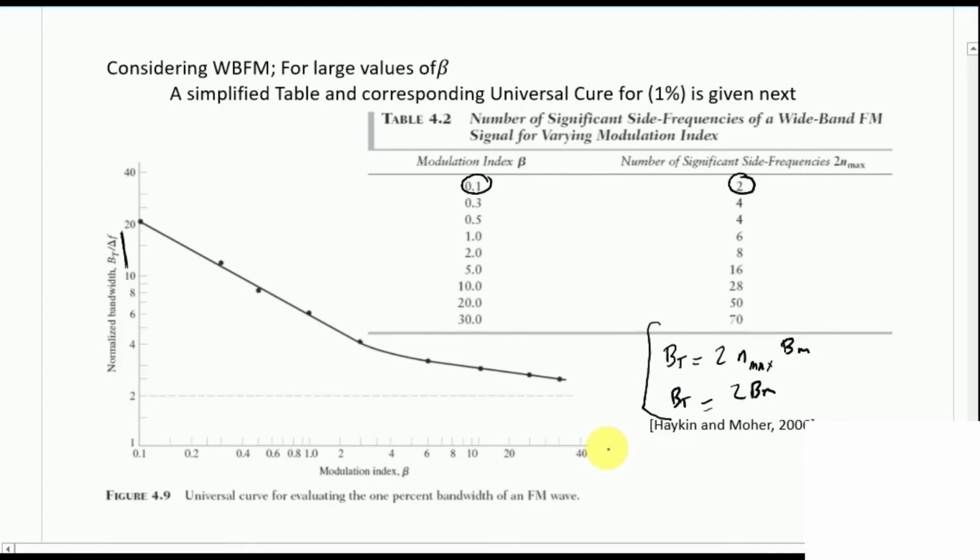So if we're using this universal plot, it's starting at 0.1. At 0.1 we have a value of 20. So from here we can say that BT by delta f is equivalent to 20 for beta equal to 0.1, or simply BT is equal to 20 delta f.